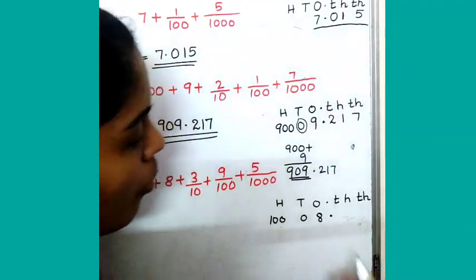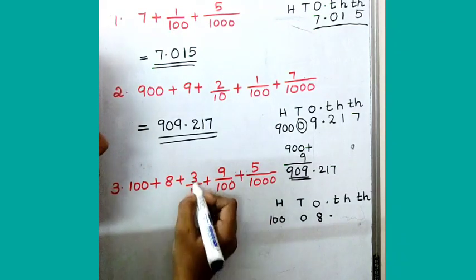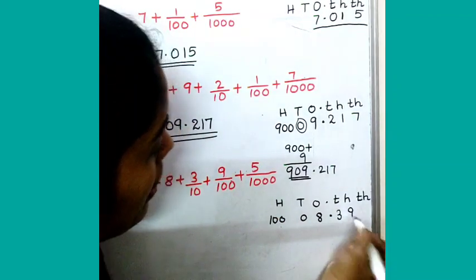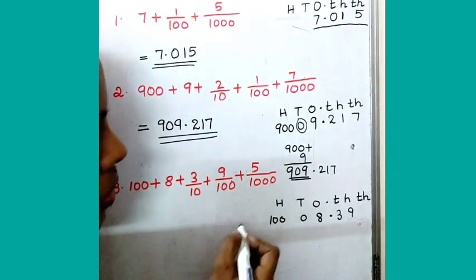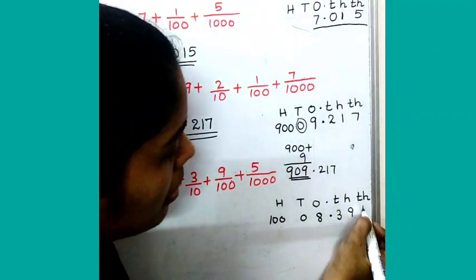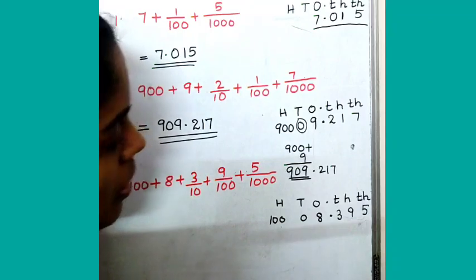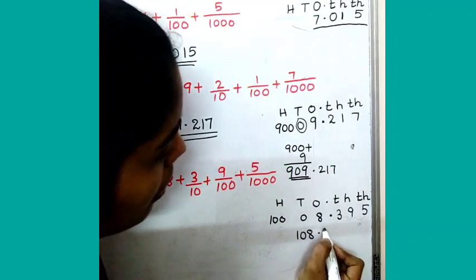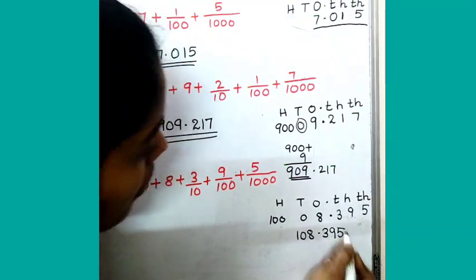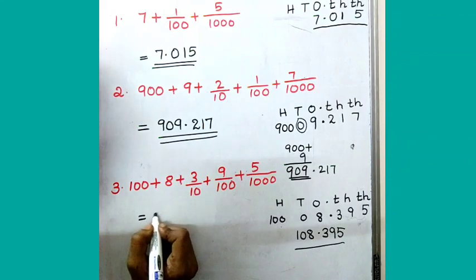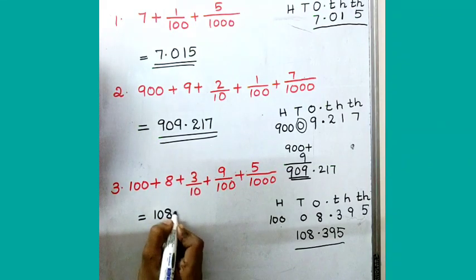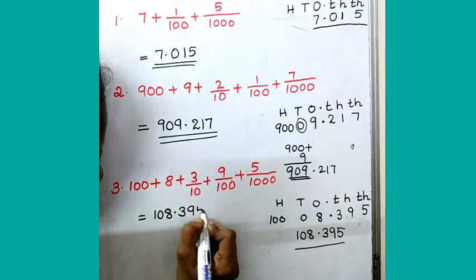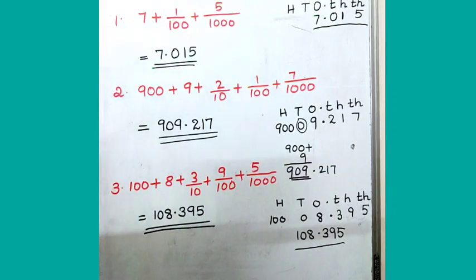So we put the point here. Then 3 by 10 means 3, 9 by 100 means 9, and 5 by 1000 comes in the 1000th place. So this is the answer. 100 plus 8 is 108, so 108.395. That is 108.39 with 9 in the 100th place and 5 in the 1000th place. This is the answer.